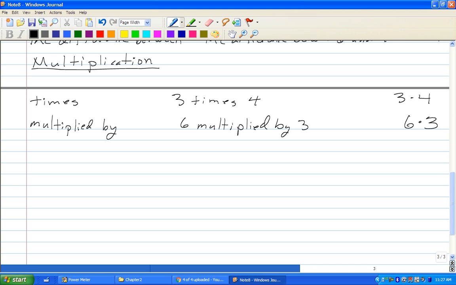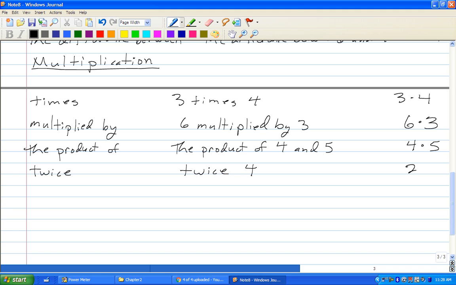The product of 4 and 5. Twice: let's say twice 4, 2 times. So twice always means to multiply by 2.